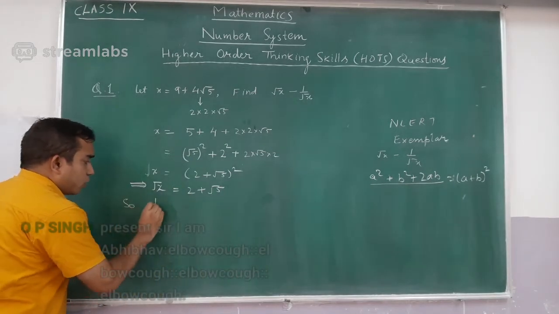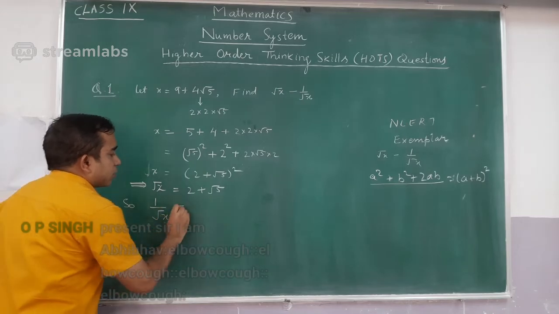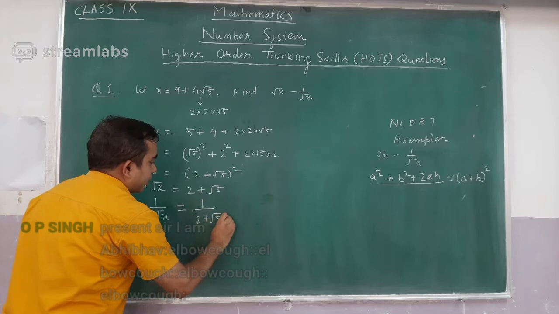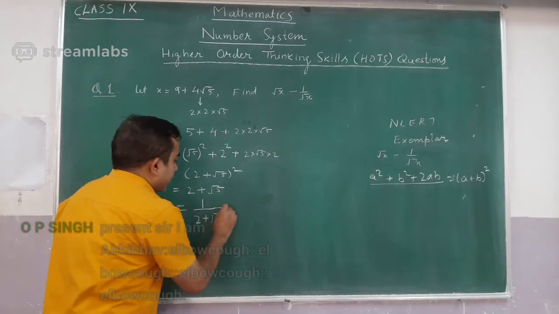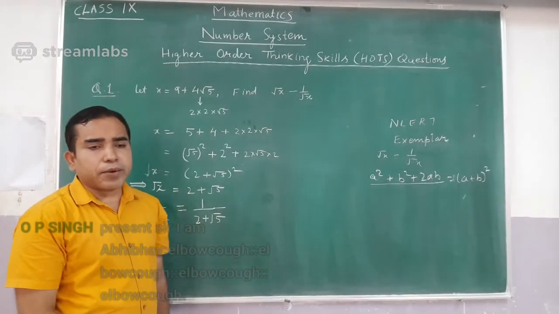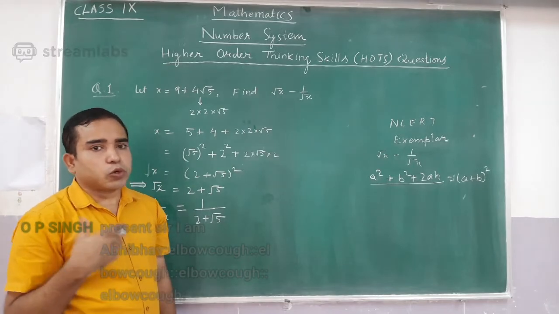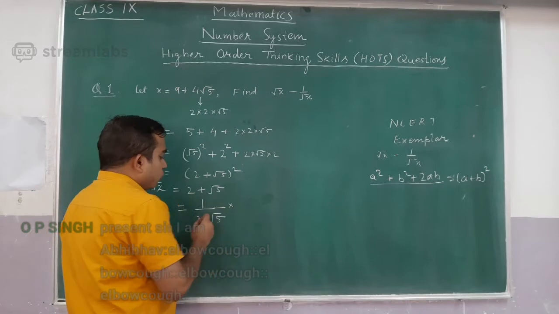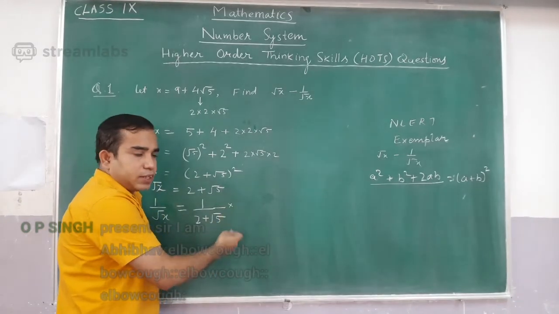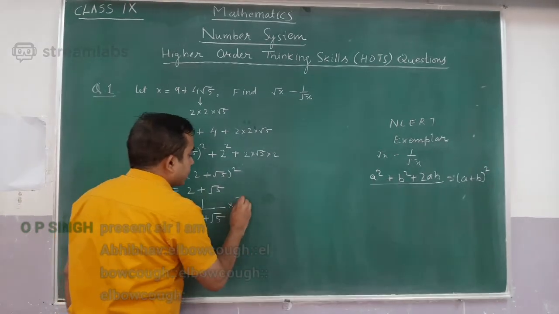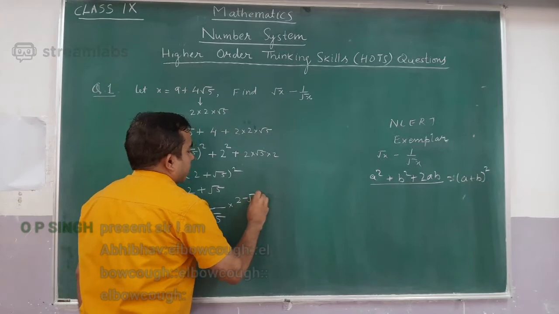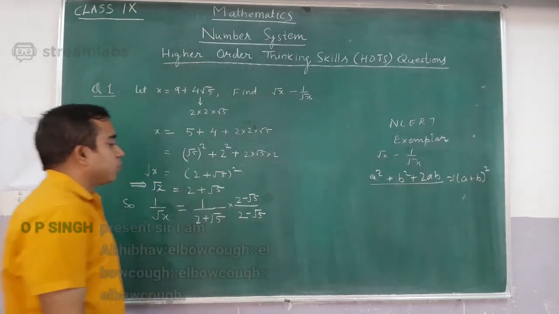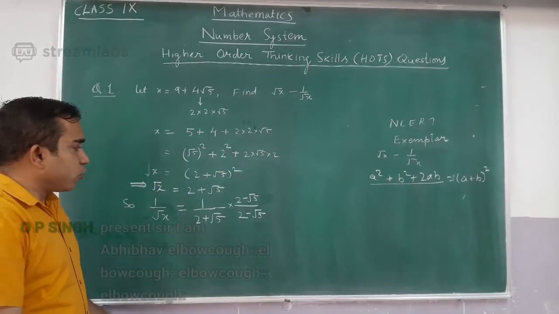So 1 upon root x is 1 upon 2 plus root 5. Then when the denominator contains irrationals, to rationalize the denominator, you multiply the numerator and denominator with 2 minus root 5, right? Or root 5 is bigger, so root 5 minus 2 also will work. It won't affect our answer.